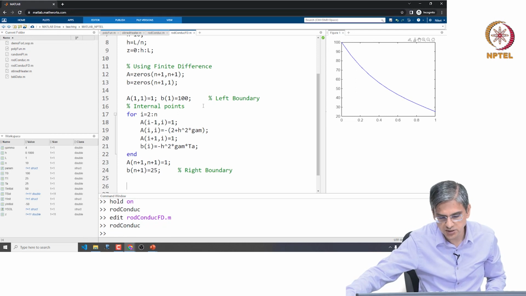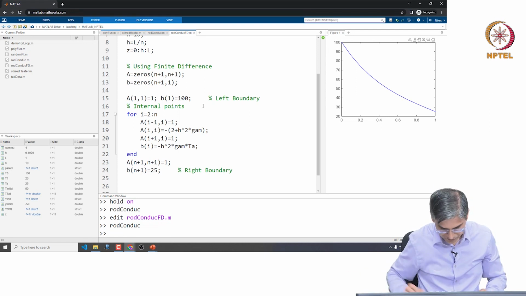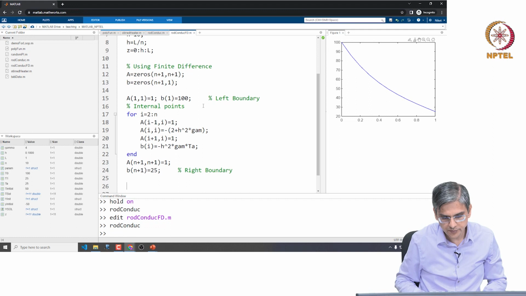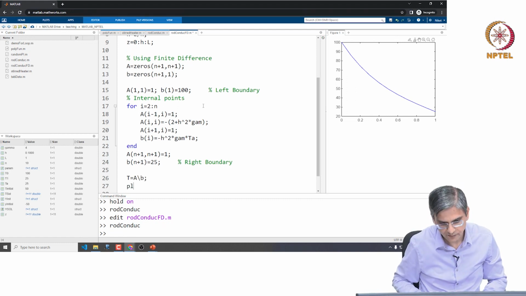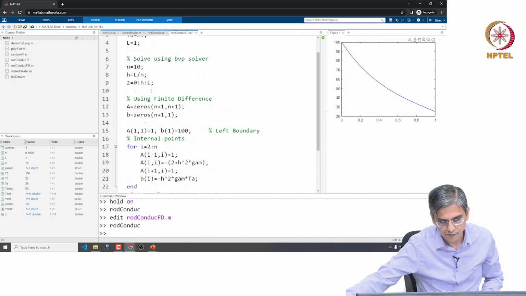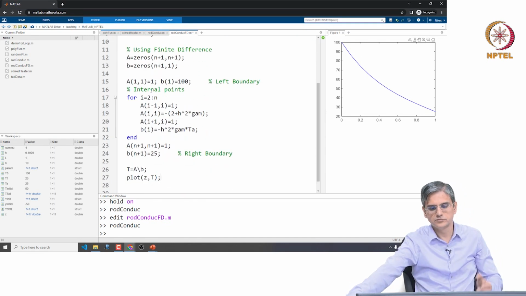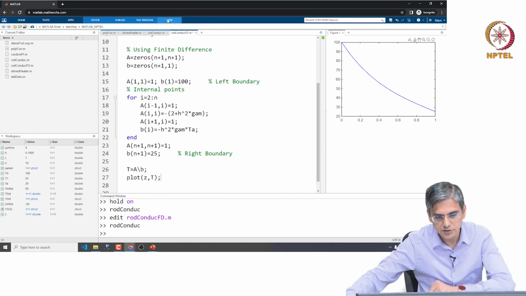Okay. So, this is what we are going to get. Okay. So, what is going to be T is nothing but A slash B. Okay. And that should be it.